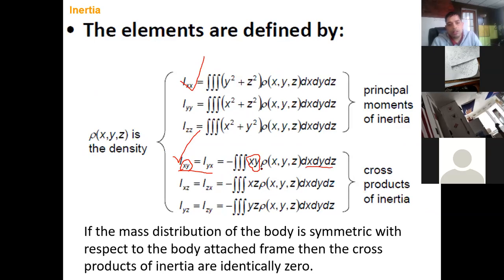So these are all common: rho times the volume element is common. Only this guy varies as you go down. XY becomes XZ because this is XZ, and similarly this guy becomes YZ because this is YZ. So let's do one of them, then the other 2 follow.